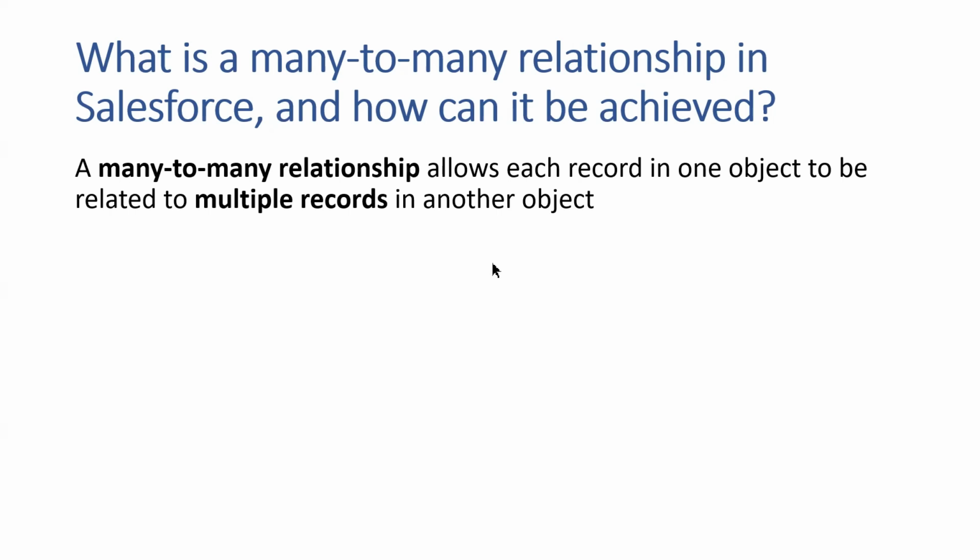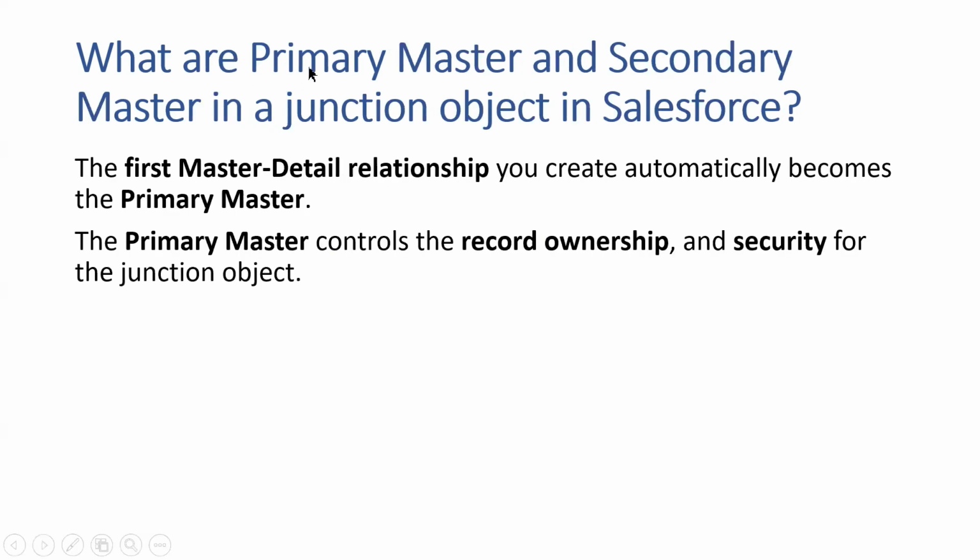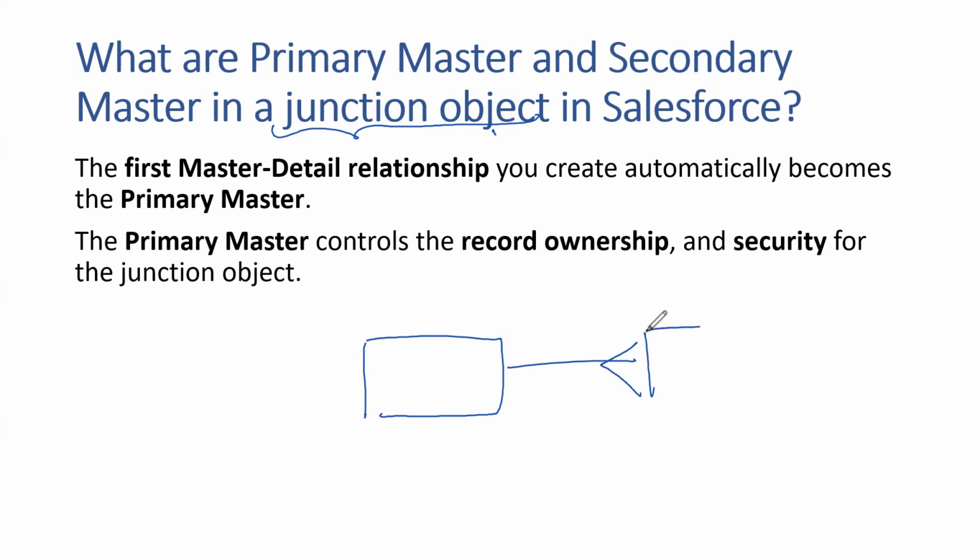Up next, another interesting question. What are primary master and secondary master in the junction object in Salesforce? Now, whenever we talk about the junction object, it means that we are having a many-to-many relationship. I just told you that the junction object behaves as a junction between the two objects that want to share a many-to-many relationship.